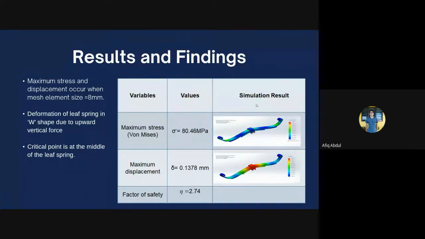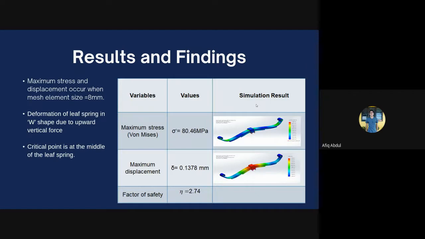This is the result and the finding from the simulation using SolidWorks. The maximum stress and displacement occur when the mesh element size is 8 mm. Basically, when we use different element sizes, we can identify at which element size the maximum stress occurs. Next, the deformation of the spring, we can see in the picture, is shaped like a W due to the upward vertical force. We can also see the critical point is at the middle of the leaf spring.